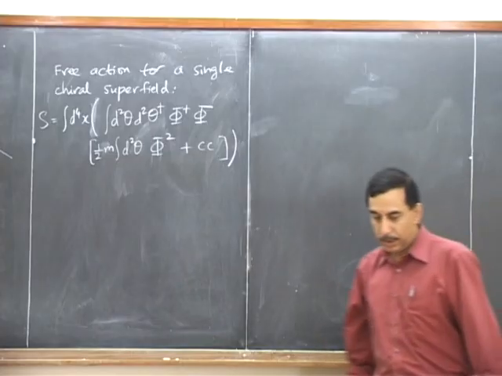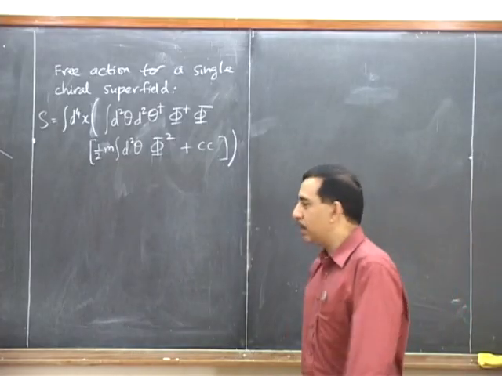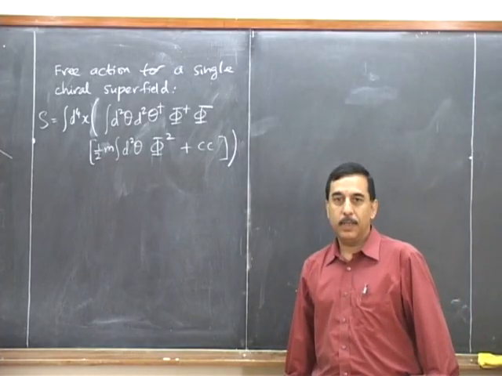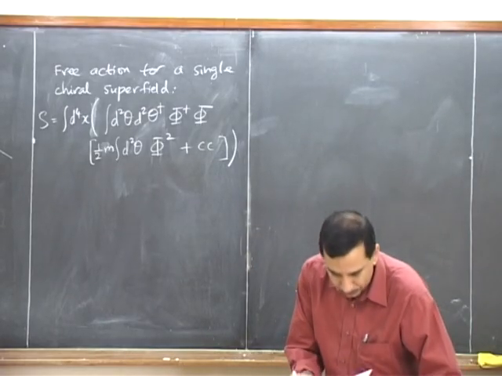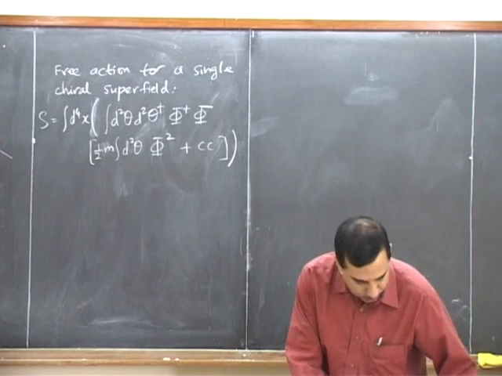And we worked out in detail that this gives, first of all, an ordinary space Lagrangian involving a scalar field, a fermion, and an auxiliary field.